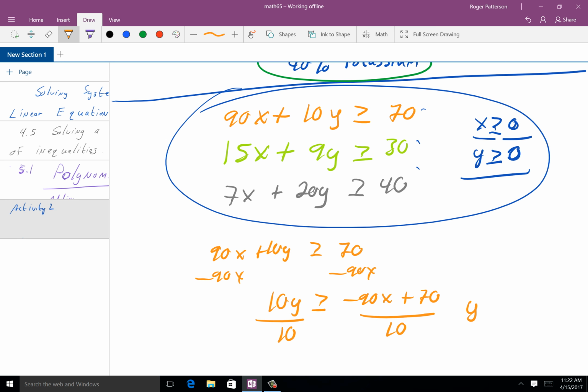Here's my equation. Now, like I told you, what I would do is graph this in decimals because it makes it a lot easier for you to find the answers.